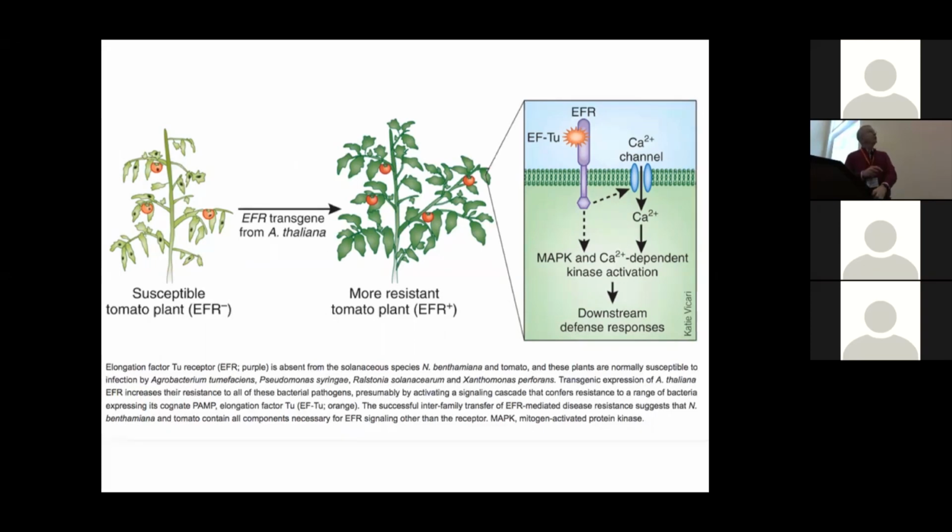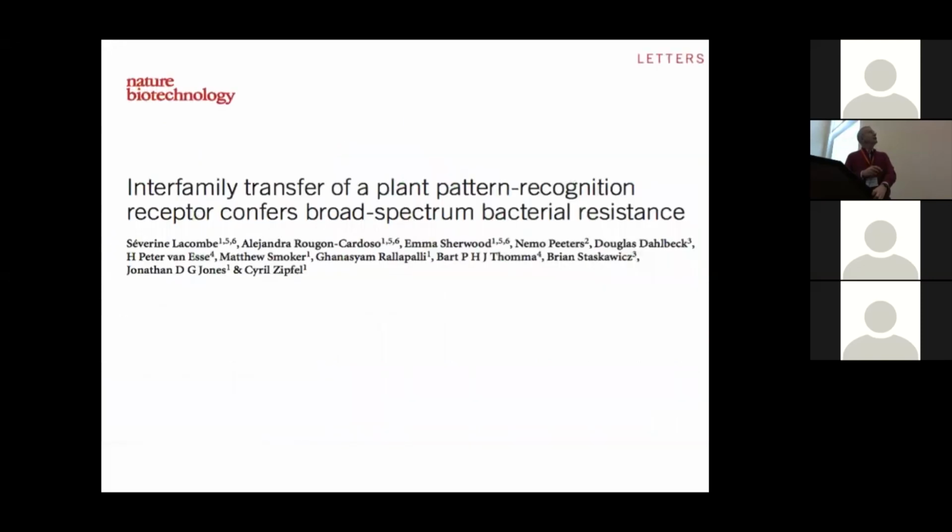And lo and behold, it recognized the elicitors from several different pathogens. This paper in Nature Biotech several years ago showed that you can transfer a pattern recognition receptor that confers broad-spectrum bacterial resistance, both to Xanthomonas and to Ralstonia.